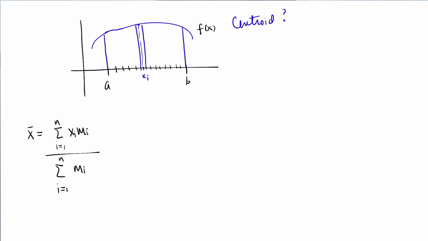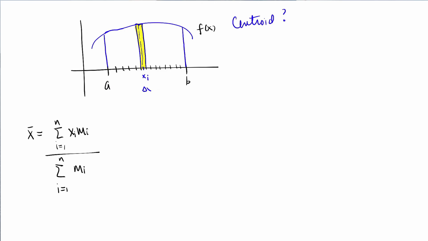So then this is the rectangle. Let's focus on this for a second. Of course, I drew it like this, but whenever we split this into little rectangles, little subintervals, we're assuming that they're super tiny. So the thickness of my rectangle is just delta x.